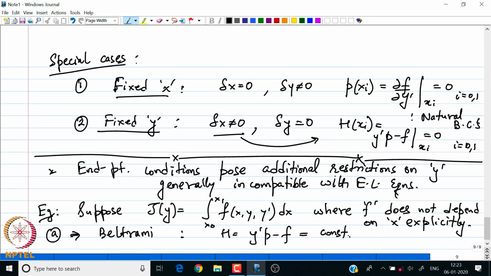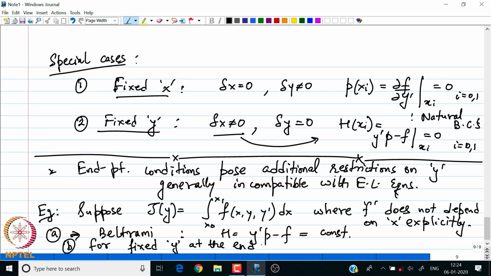Now, our endpoint criteria says that suppose we also impose that we have a fixed y at the endpoints, that is, delta y is 0.